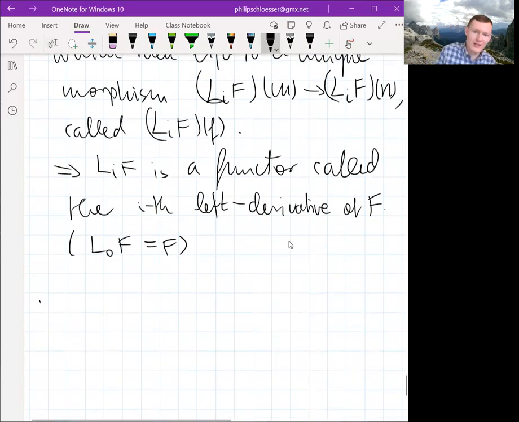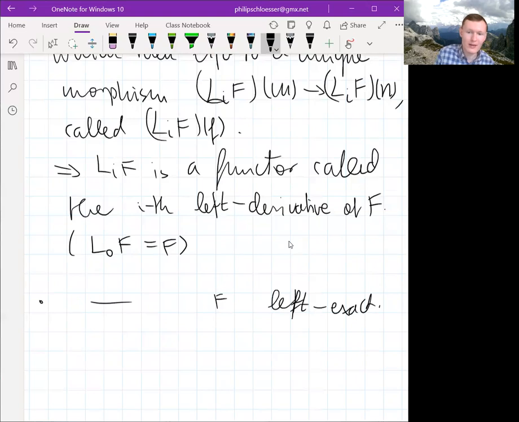And similarly, the dual notion. Let M again be a module and F left exact. Then we can choose an injective resolution I0 to I1 to and so on.